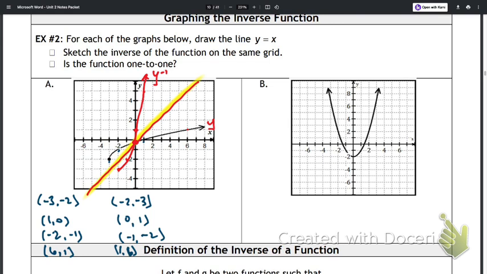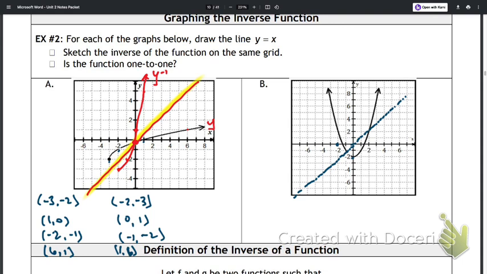All right, on the next one, let's see, we've got this ordered pair. Well, first of all, let me graph the line y = x. I'm just going to draw it like a dotted line. Okay, so then we've got this point right here at -2, 0, so it will become the ordered pair 0, -2.